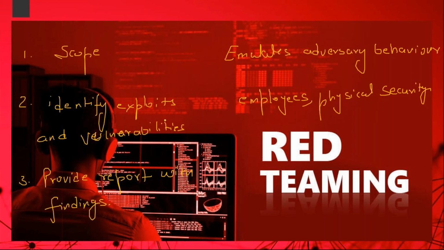But red teaming can take longer, right? When you are doing a red team assessment, you are checking every aspect of the organization, every attack surface where you can attack. It can be mobile, it can be IoT, it can be network, it can be web application, everything you are checking, right?